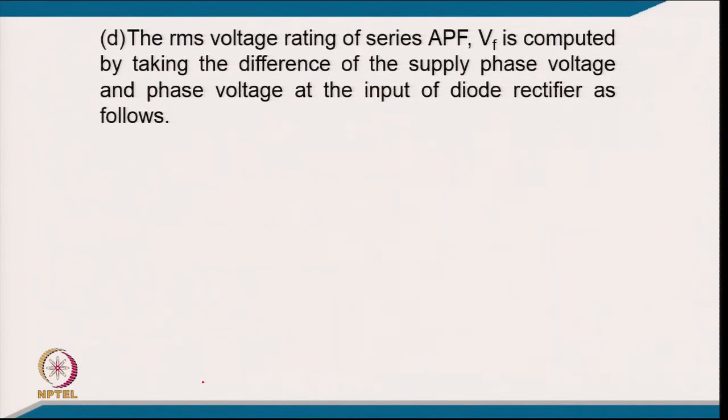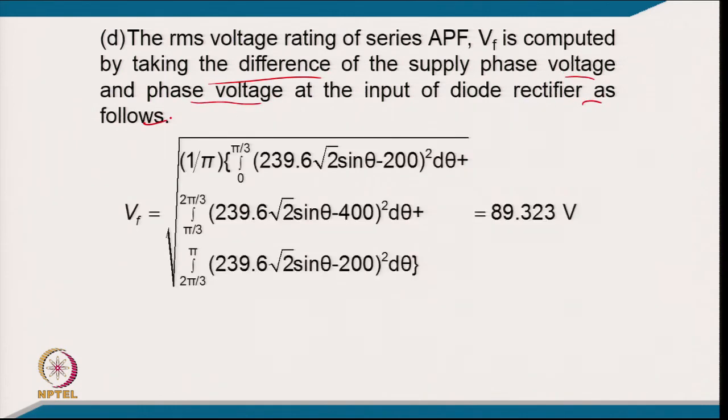And the RMS voltage rating of the series active filter VF is computed by taking the difference of the supply phase voltage and the phase voltage at the input of the diode rectifier as follows. So, this is typically 3 segments, and we consider only 180 degrees. So, 0 to pi by 3, that is the phase voltage, sine wave 239.6, that is the RMS voltage multiplied to peak voltage into sin theta minus the VDC by 3.